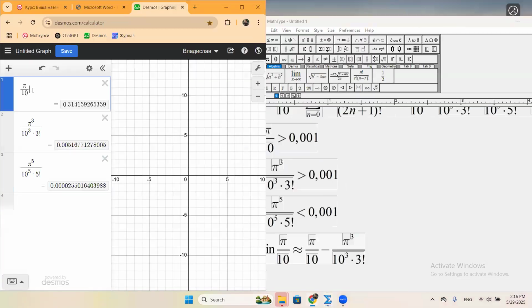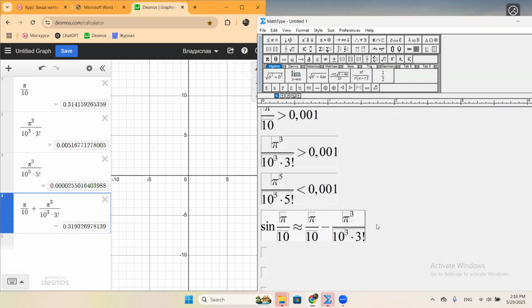And if I add them, so what I will receive, 0.319. So then we don't continue. That's the accuracy that we needed.